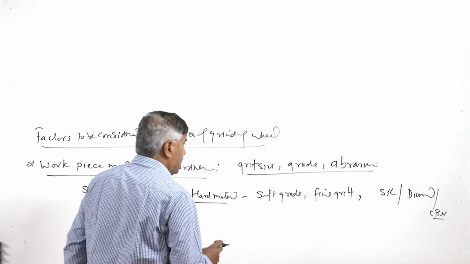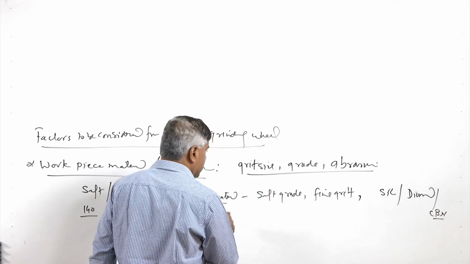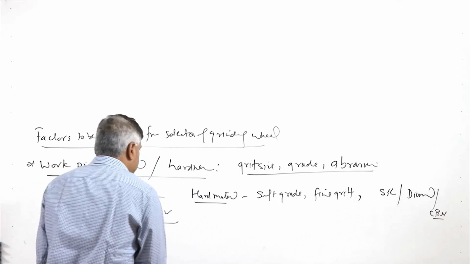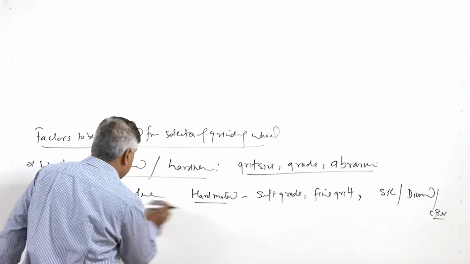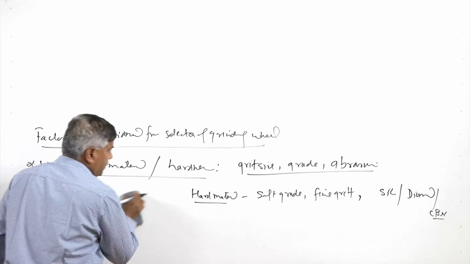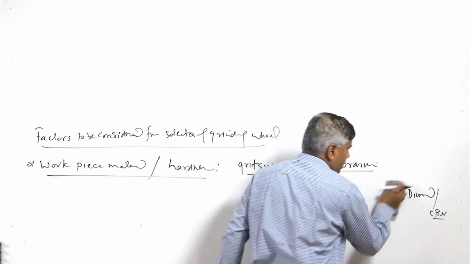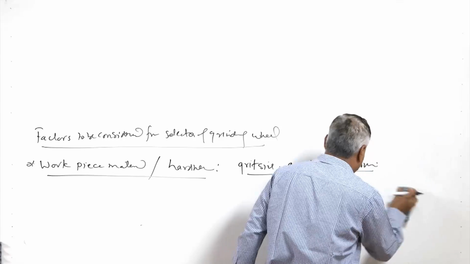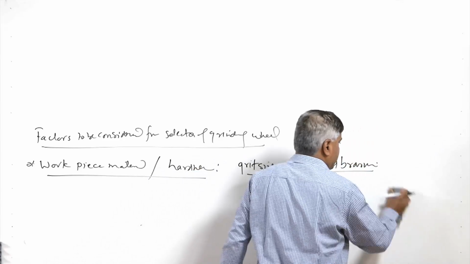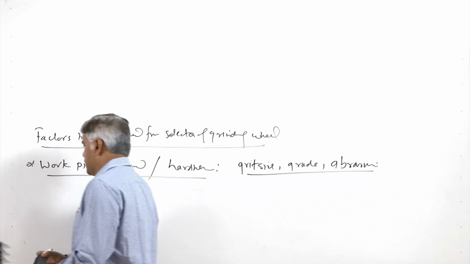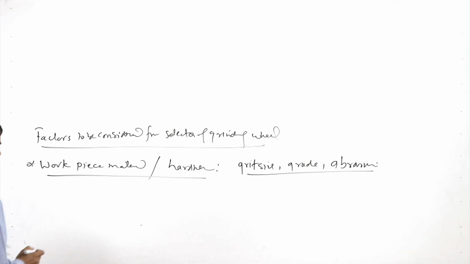For example, so here we will start with the concept of the grit size. Why do we need to go for a particular kind of grit size with the change of the workpiece material?